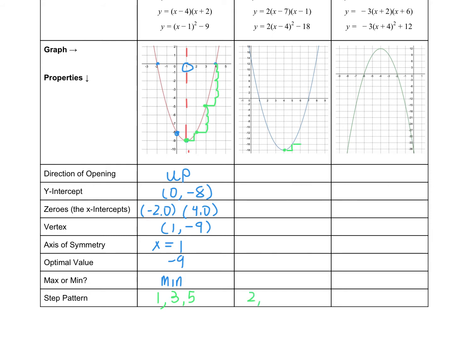I go to the right 1, and now I'm going up 2, 4, 6. I go to the right 1, 2, 4, 6, 8, 10. And let's see if I can fit another one. To the right 1, 2, 4, 6, 8, 10, 12, 14. And there's the step pattern for this parabola.